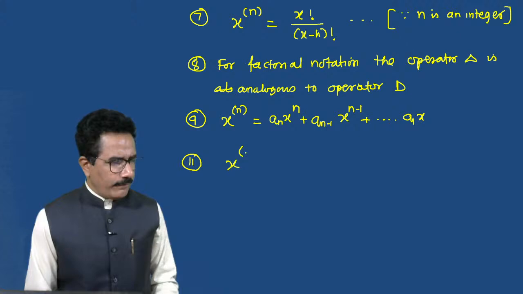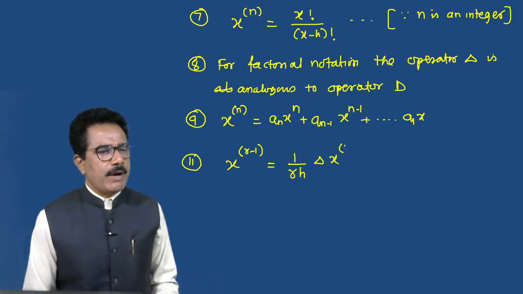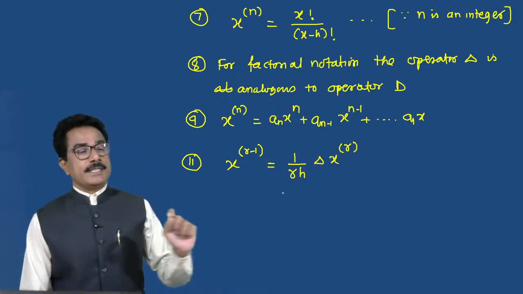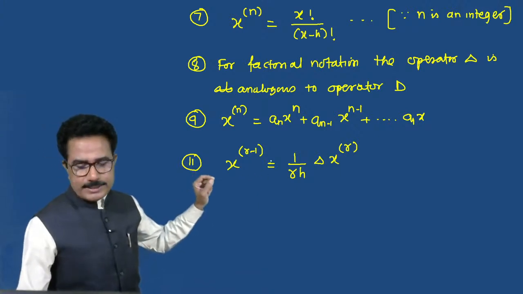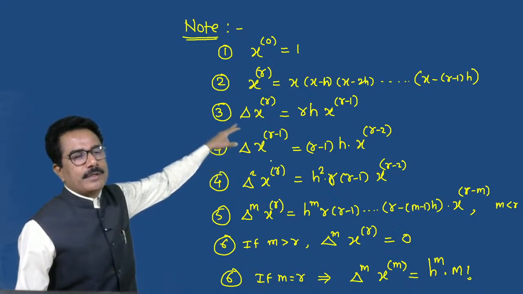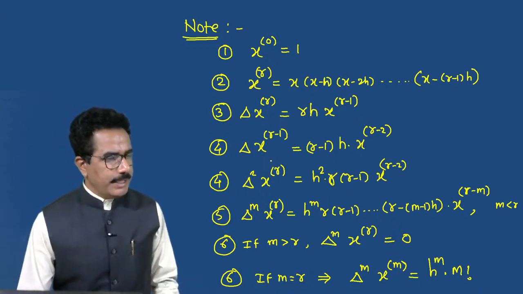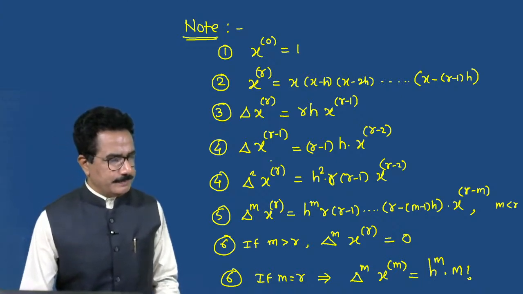X to the power r minus 1 factorial that can be written as 1 upon rh delta x to the power r factorial. हे पण नोटेशन लक्षात घ्या. x to the power r minus h, x to the power r minus 1, then we can write 1 upon delta x to the power r plus 1.